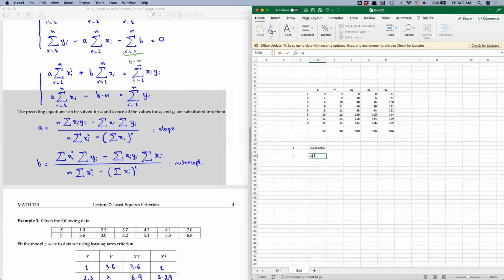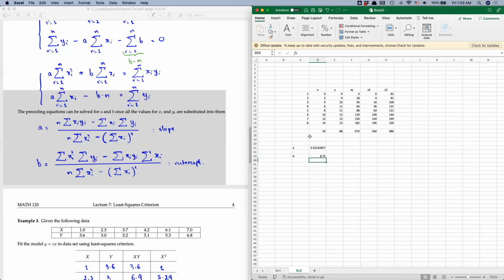So it is equal to, let's type in the numerator: the summation of x squared times the summation of y minus the summation of x times y times the summation of x, divided by the denominator, which is 8 times the summation of x squared minus the summation of x altogether squared. Close the parentheses, and this is what we got for the y-intercept.